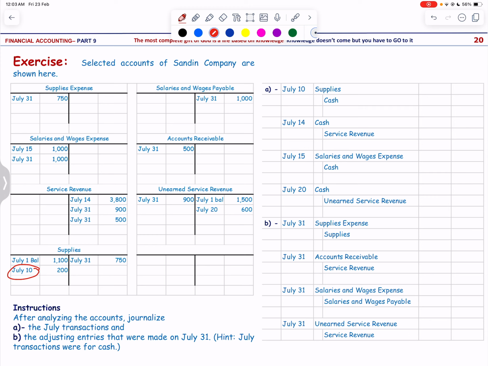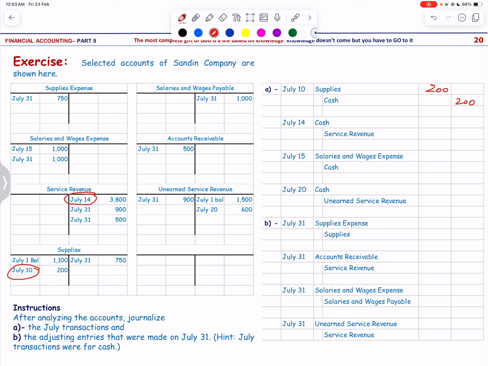and for July 10 supplies is going to be debit by 200, and obviously we are purchasing supplies, so supplies is credit by 200. After 10th July, the next date that you can see over here is July 14.